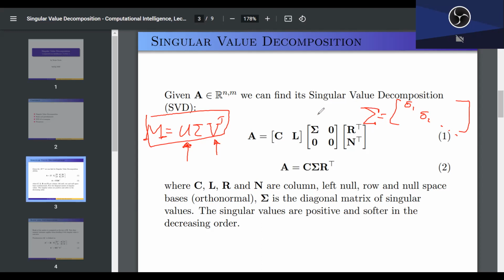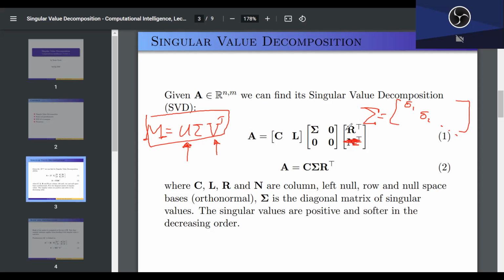All right. So this is SVD decomposition. It has just this structure. Now notice that because of those zeros, when we multiply this by this, this part goes away. It multiplies zeros. It goes away.